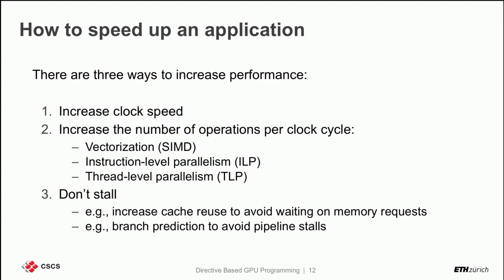Here there are 3 levels of parallelism that are quite important in modern architecture, and you will see them also in GPUs. So first of all is what we call vectorization. Vectorization means that with the same instruction, you apply the same operation on multiple data.